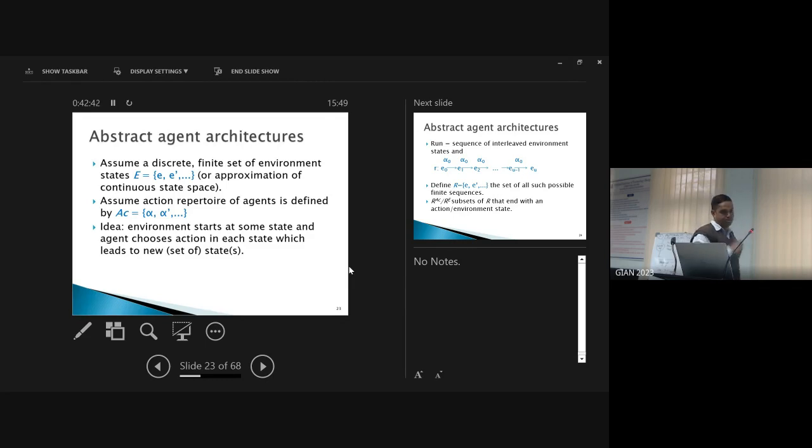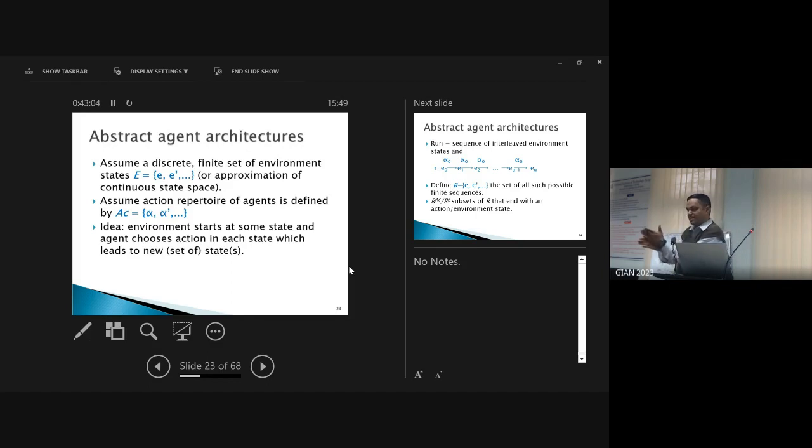to a new state. So the thing is, an agent is situated in an environment. Based on its perception, it performs some action that leads the agent from one state to another state.